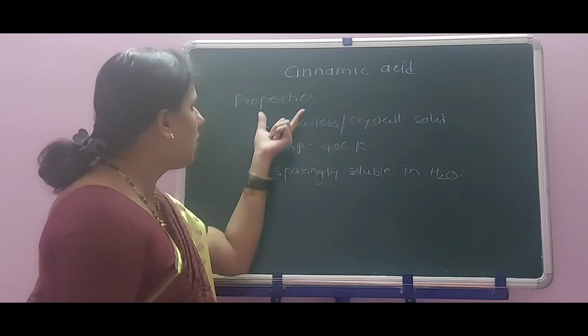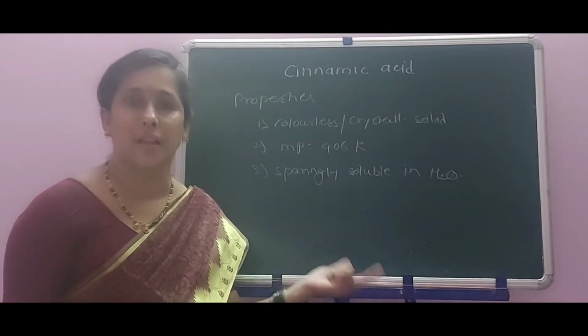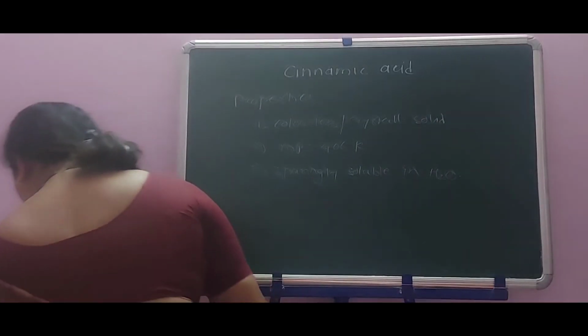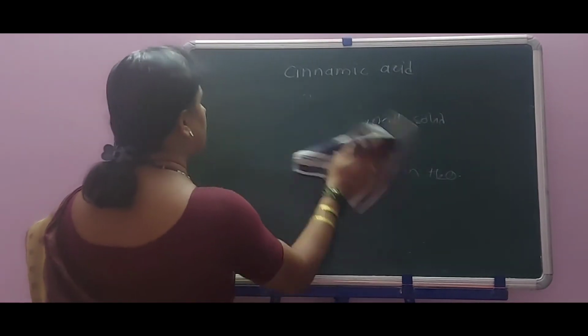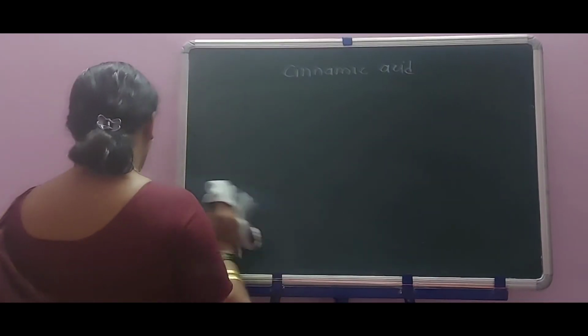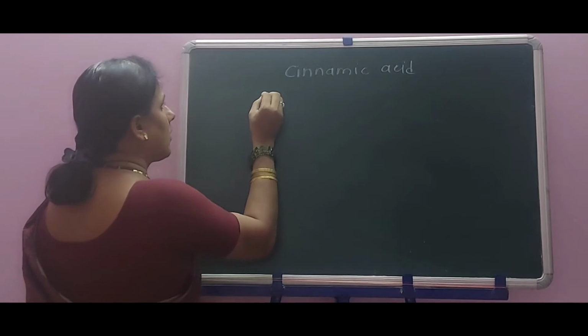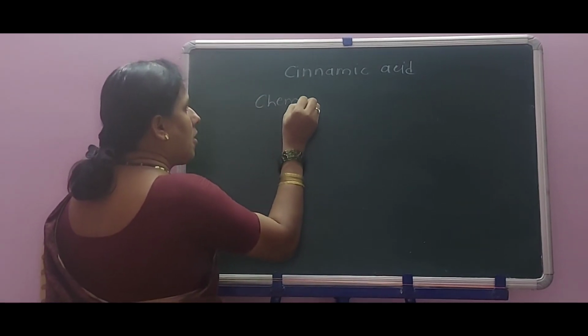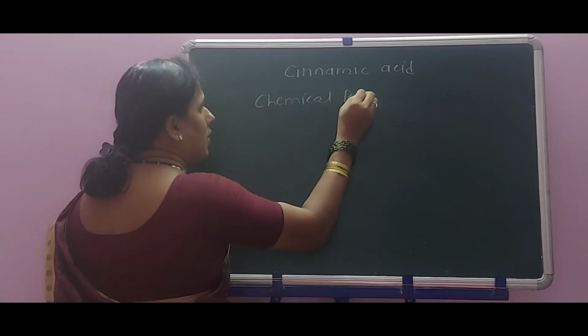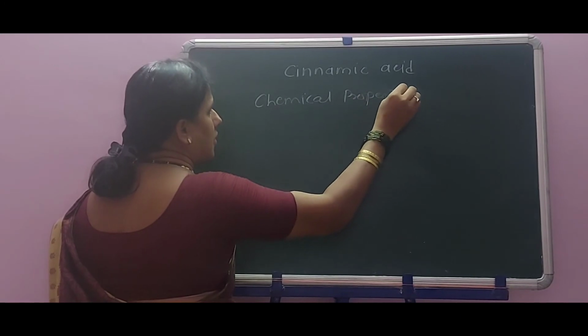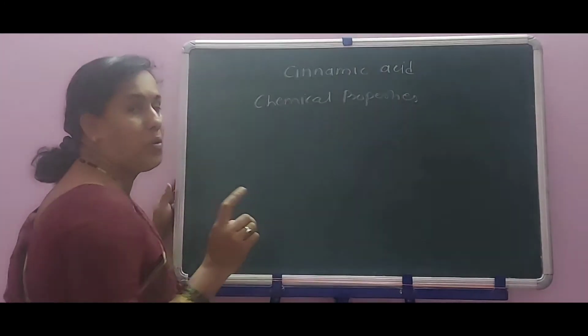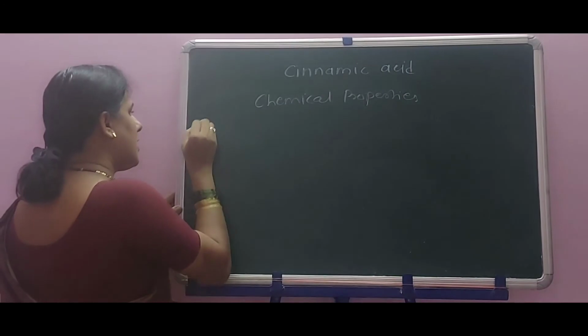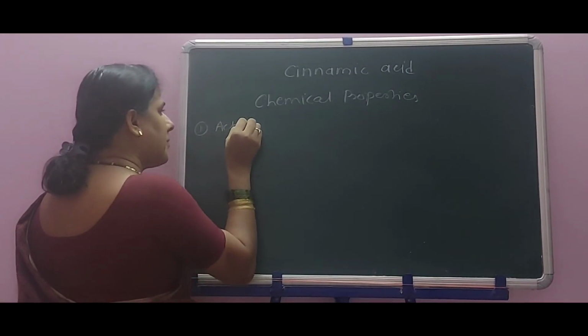Now we are going to discuss its chemical properties. There are two chemical properties. First is the action of bromine.